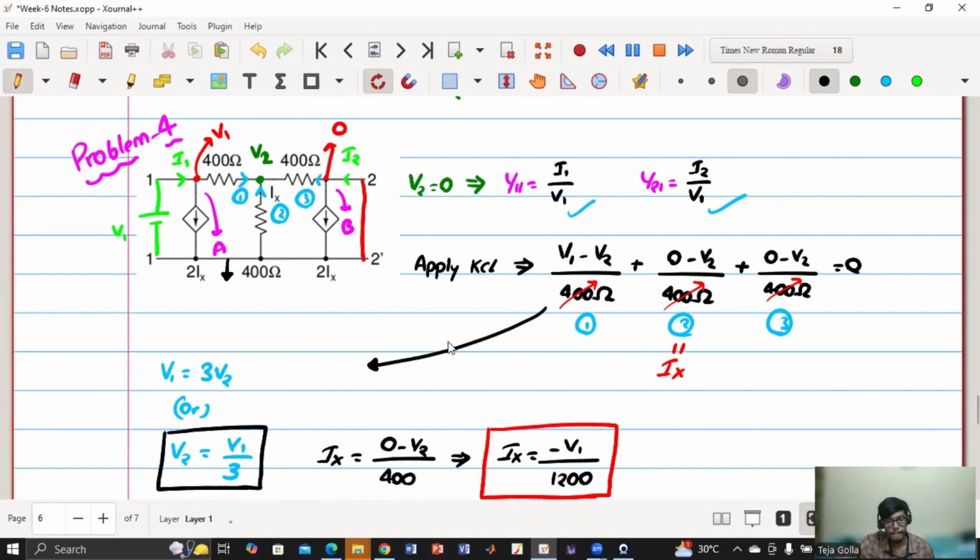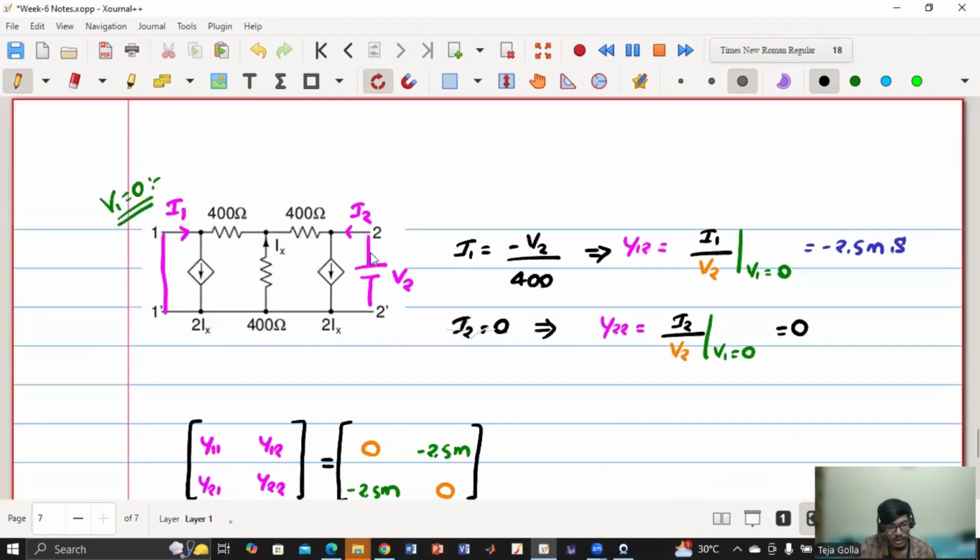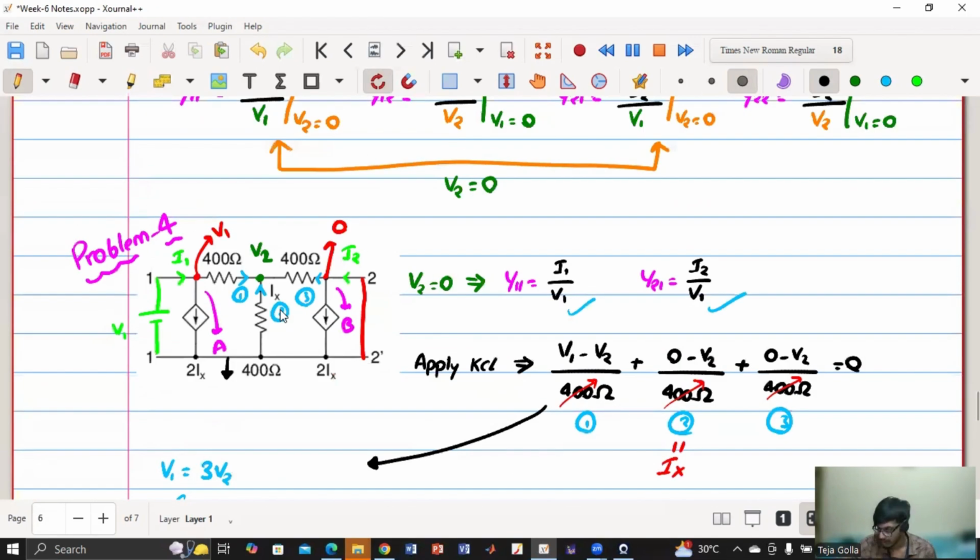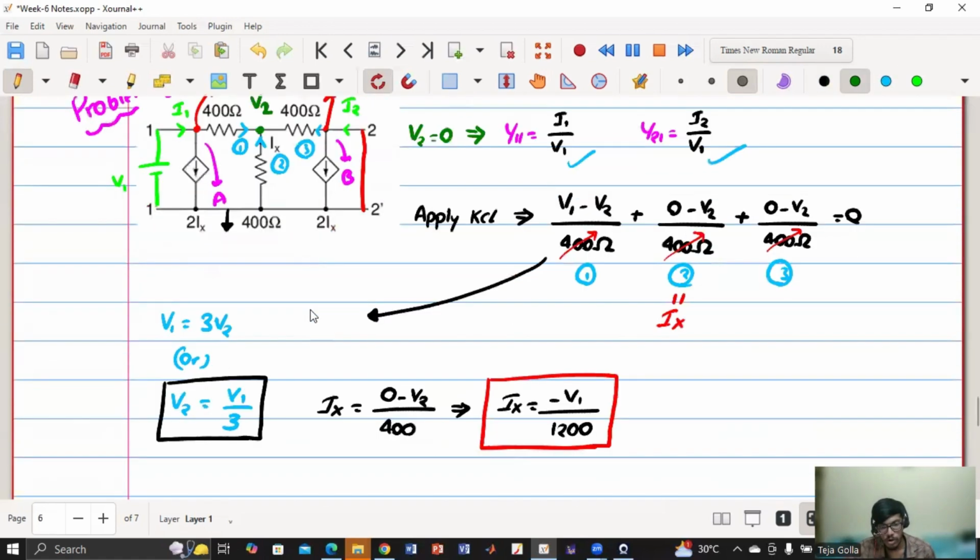I am asking that here, at this node, how did you mention the V2? Okay, so it is not this V2. I think that was my mistake. So let it be not V2, let it be V2 dash. It need not be V2. That V2 and this V2 are different.